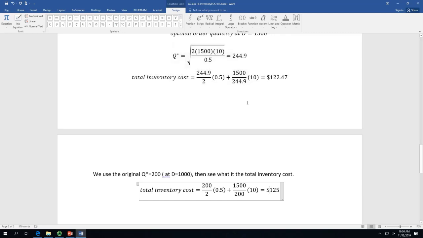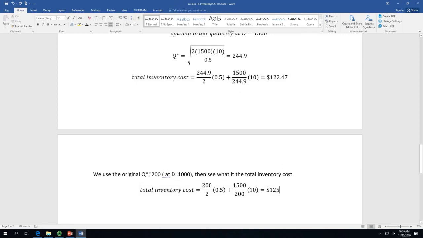I want you to compare the two results. This is the true model's calculated result, $122 as the total inventory cost. In this one, we didn't really use the true Q star; it is the original Q star calculated at the demand of 1,000.